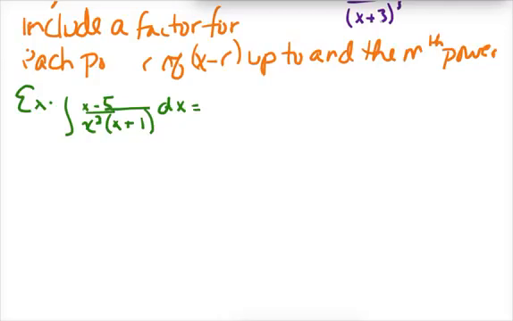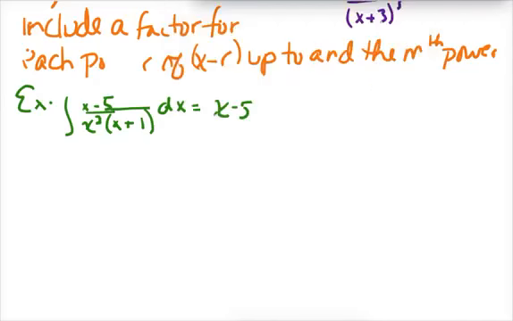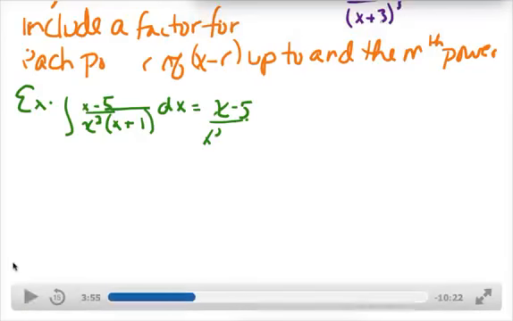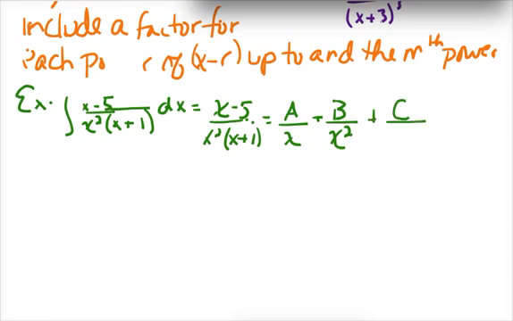If I want the integral of x minus 5 over x squared times the factor x plus 1, that's your denominator, and it's going to decompose into a over x, and then you add each term up to and including the final power, which is x squared, and then the last factor is simply a simple linear factor of x plus 1.